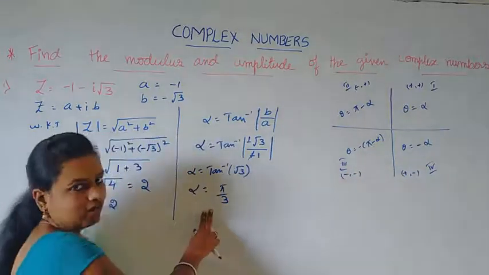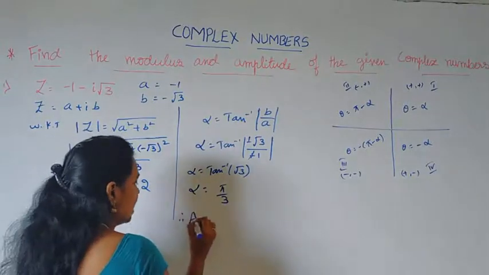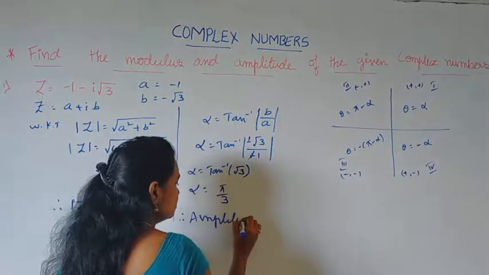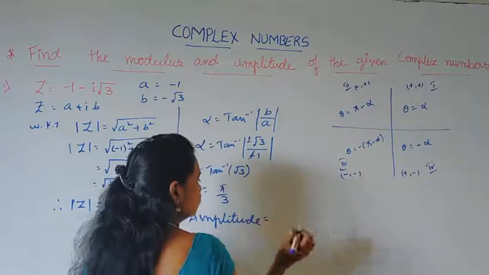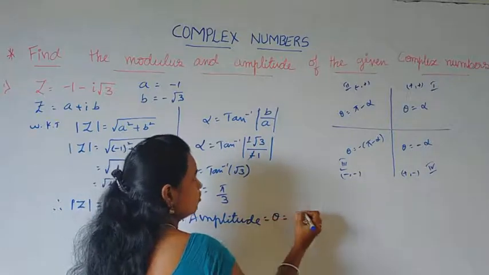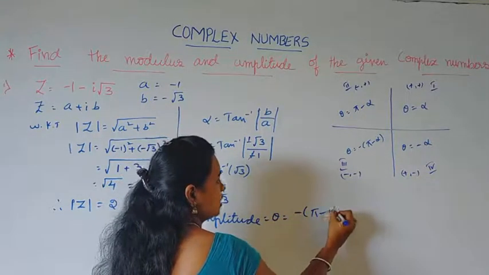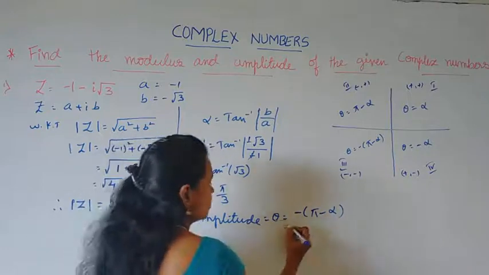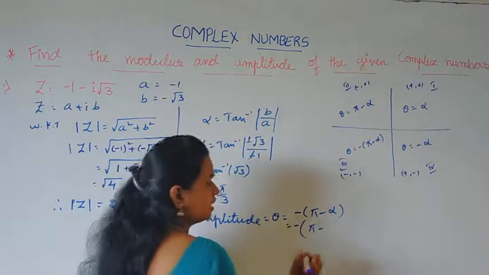Here we get the alpha. Therefore, amplitude is equal to what? That is, theta is equal to minus pi minus alpha. So that is equal to minus pi minus alpha.